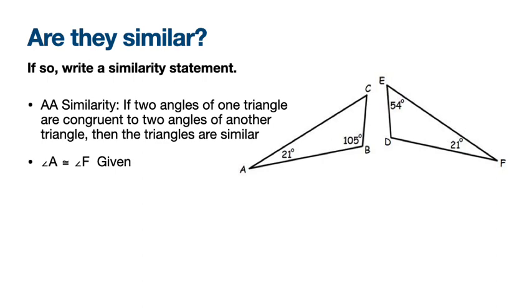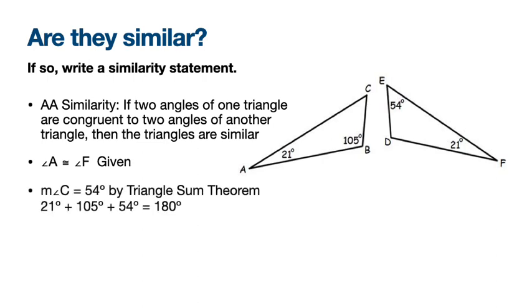I know by the triangle sum theorem that the measure of angle C is 54 degrees, because 21 plus 105 plus 54 is 180. And because the measure of angle C is 54 degrees, now by the angle-angle similarity postulate, I can state with confidence that triangle ABC is similar to triangle FDE.